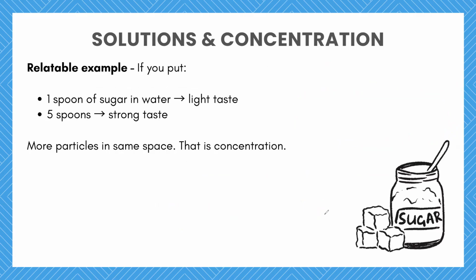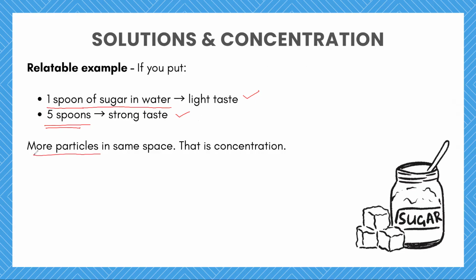Here is a relatable example that you should be able to understand. If I put 1 spoon of sugar in water, you might not really notice the taste, depending on how much water is in the cup. But when I increase the number of spoons of sugar to maybe 5, the taste becomes stronger. Why? Because that solution is becoming more concentrated.